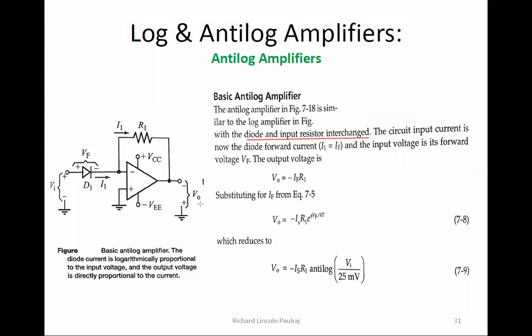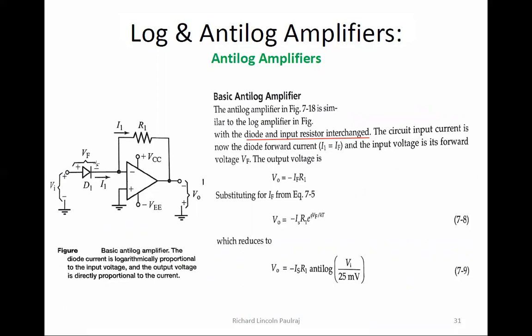This circuit is important. We have the output voltage and the input voltage. D1 is the diode, and I1 is the current across diode D1. The same I1 comes here, plus VCC minus VCC, then the output voltage. The circuit input current is now the diode forward current.